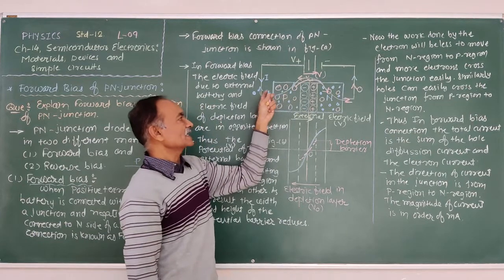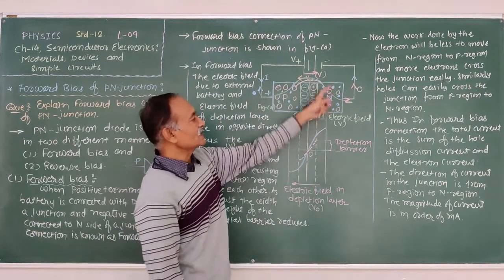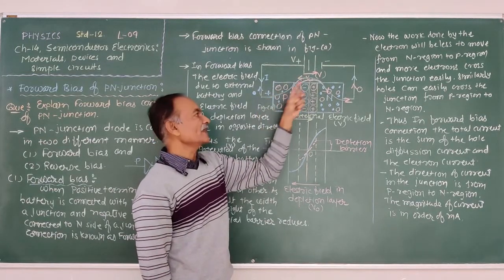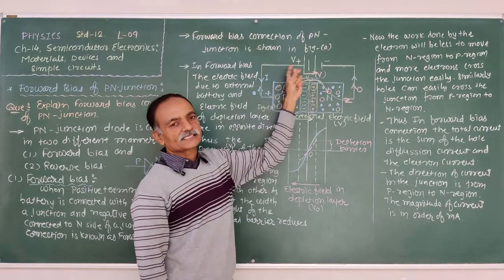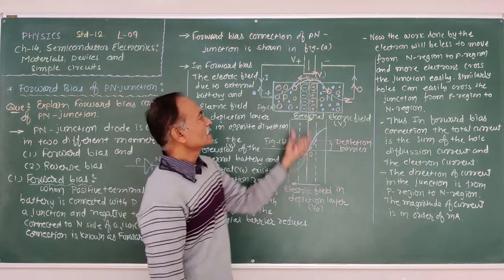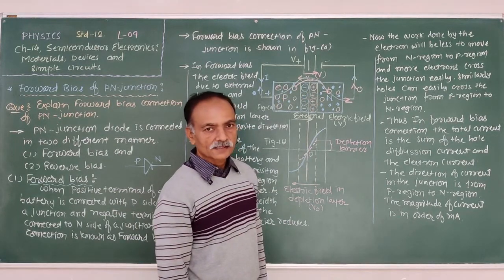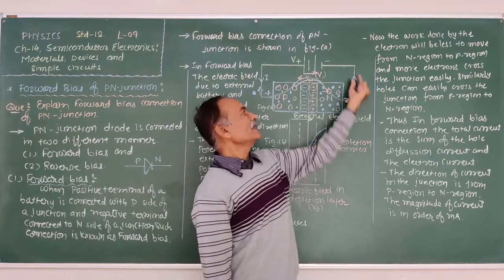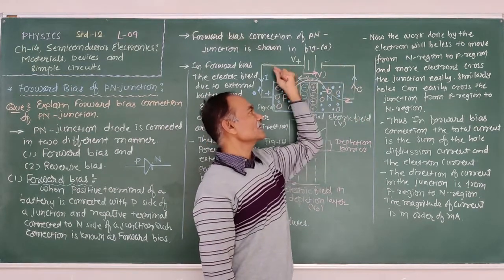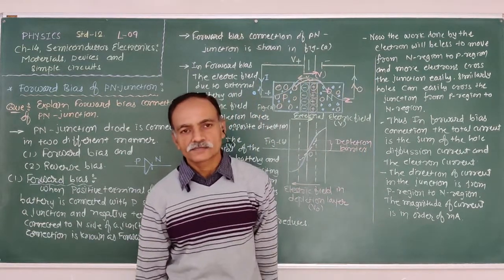The P region is connected with the positive terminal of the external battery, so these electrons are taken by the positive terminal of the battery and pass directly to the external circuit. In the same manner, the holes diffused from P to N region are taken by the negative terminal of the external battery, so holes flow in this direction while the electrons flow in the opposite direction to the holes.